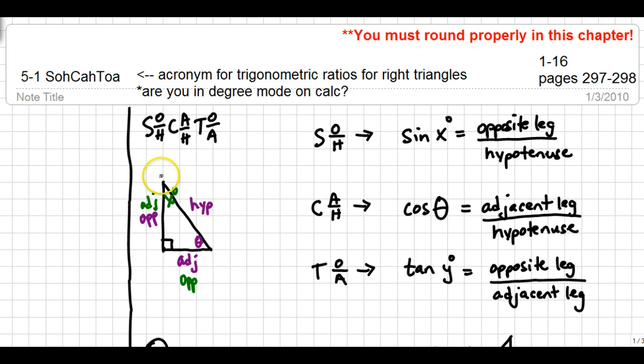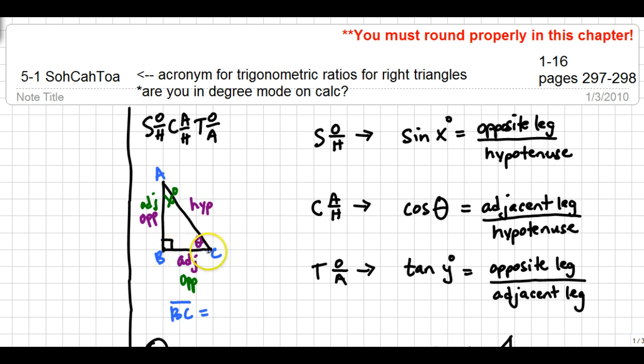One more quick thing here is that when you're labeling a triangle, keep in mind that the capital letters are used to refer to each vertex or each angle itself, and then the lowercase letters are used to talk about the side across from that angle. So lowercase a is going to be the same as side BC. Back when you were in geometry class, side BC would be labeled as B with C next to each other with the segment bar above it.